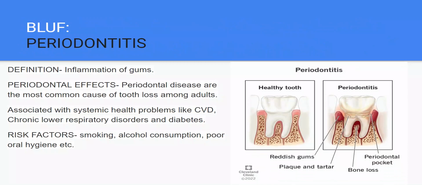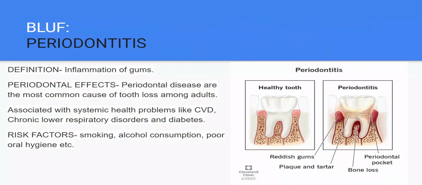Periodontal diseases are the most common cause of tooth loss among adults, and it's one of the most prevalent diseases in the world. In the worst case scenario, it can lead to tooth loss.